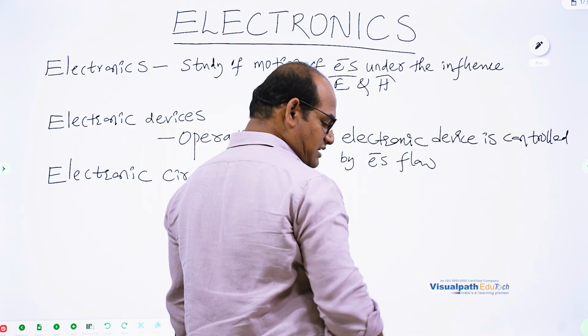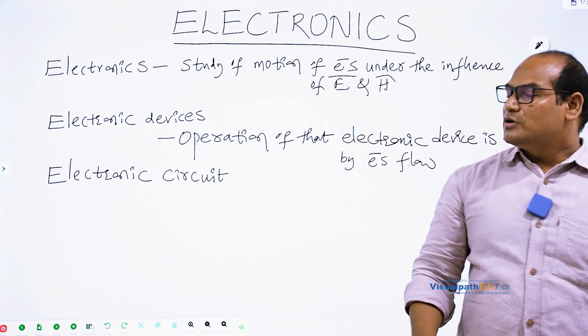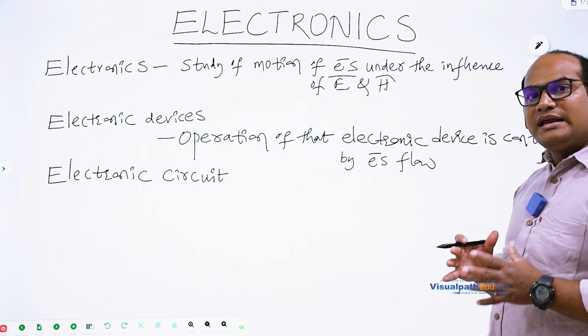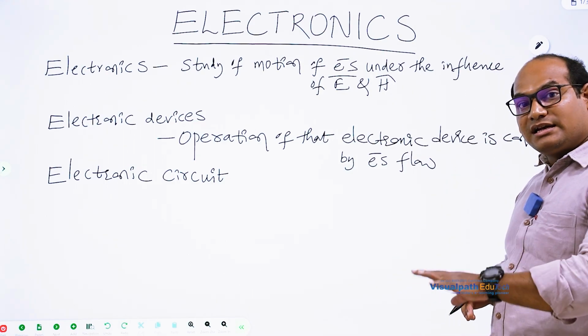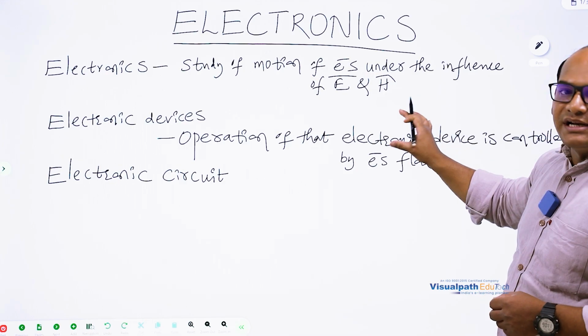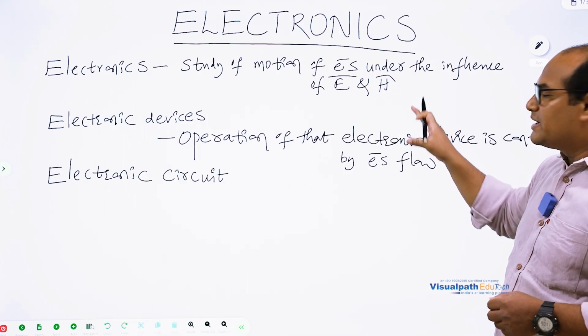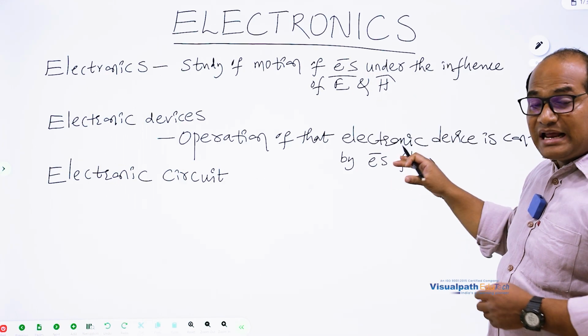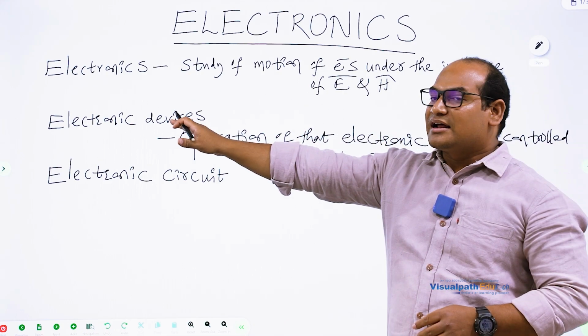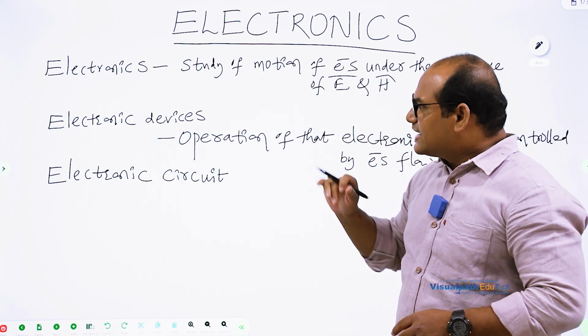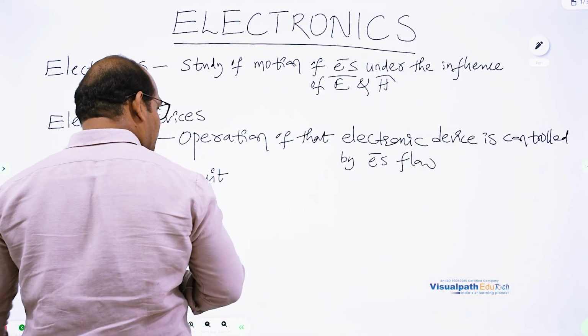Everything is related to electrons only. So based on how the electrons are moving, if the operation is dependent on or controlled by the electrons flow, then we can tell that particular device is an electronic device.